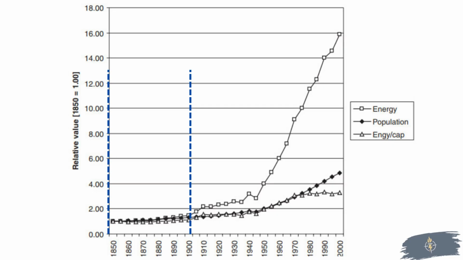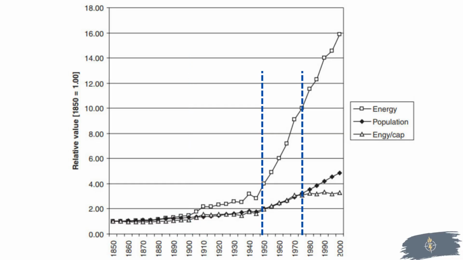Energy grew roughly with population. 1900 to 1950, electricity and oil. Energy use began to outpace population. 1950 to 1975, golden growth, cheap energy and mass consumption. 1975 to 2000, efficiency era. Oil crises slowed growth, but it never stopped.